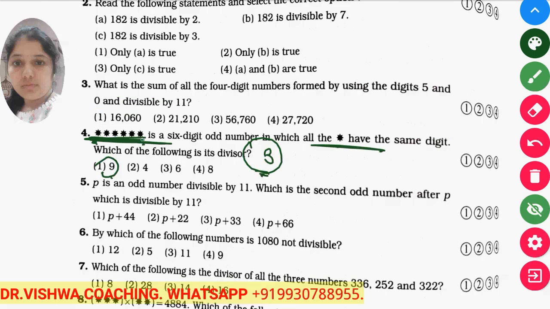So we take an odd number first. I will take 3. I did not take 1 because 6 is not divisible by 9. So 3 sixes are 18. Now this 18 is divisible by 9.